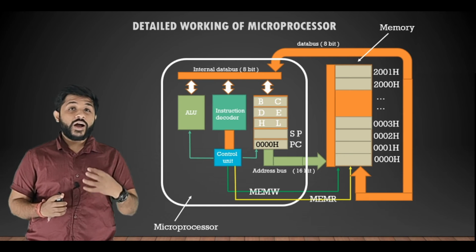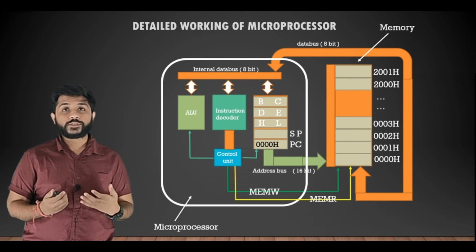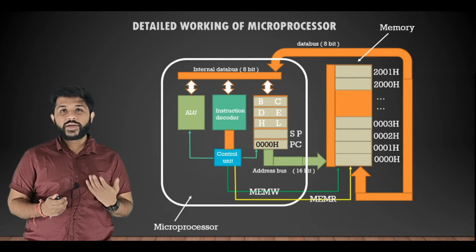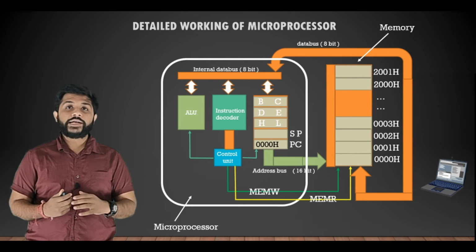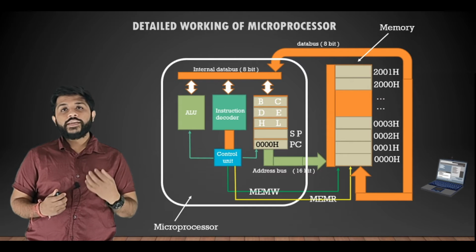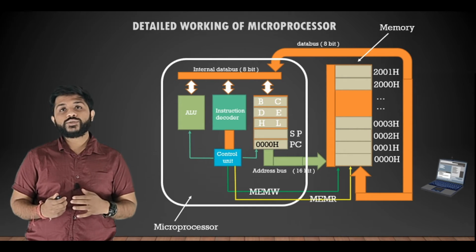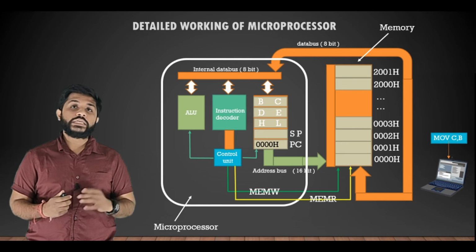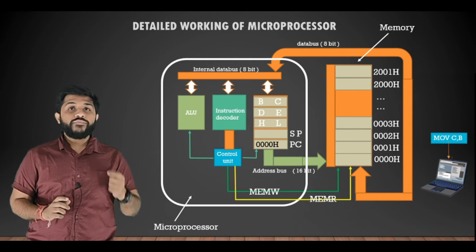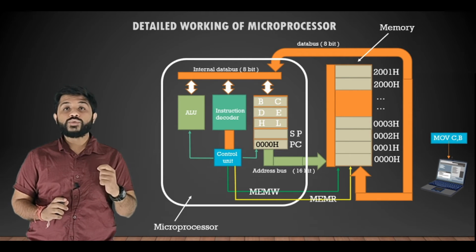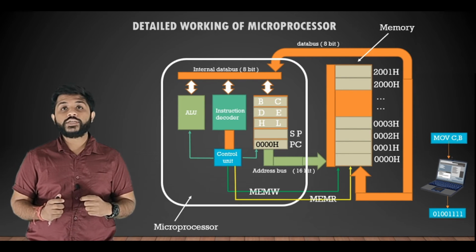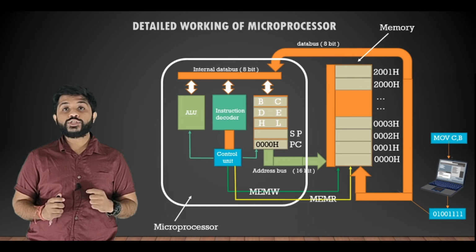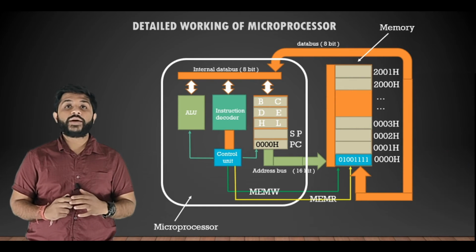Now let's see how you can program the microprocessor. You can easily program the microprocessor using your computer, but you need an assembler. Let's say I need to provide one instruction to the microprocessor, which is MOV C, B. When you give this instruction to the assembler in your laptop, the assembler will convert that instruction into machine language and store the instruction in the memory.